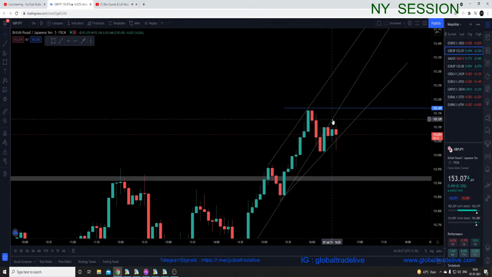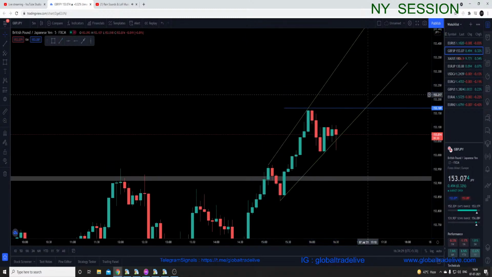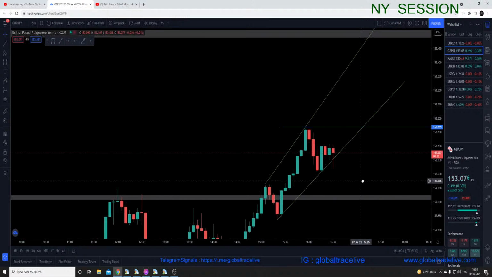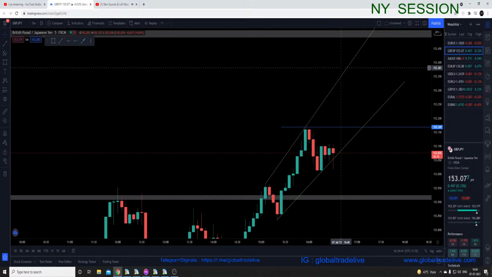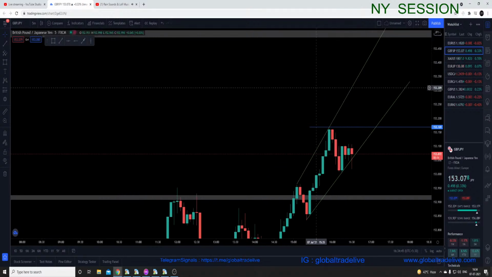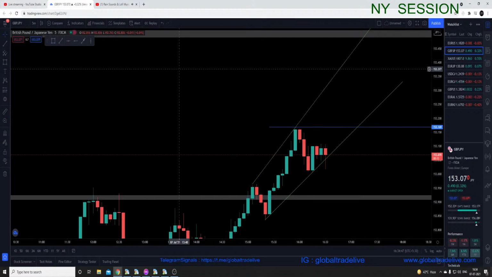And if we delete this level over here, now it looks more clean. So if it starts to go up and break this high over here, then it will be going up to this level and further to this level. Let's just see what happens.